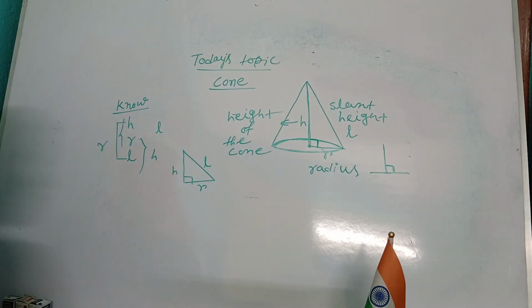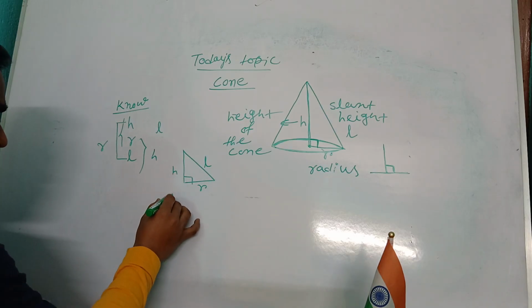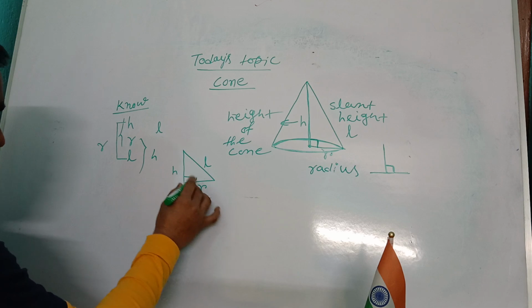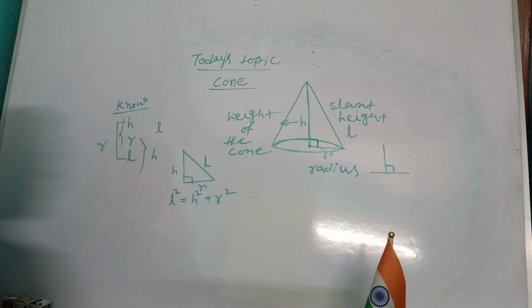And we know from the Pythagoras theorem, L square is equal to height square plus base square.